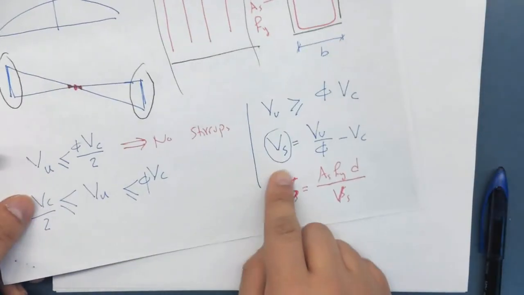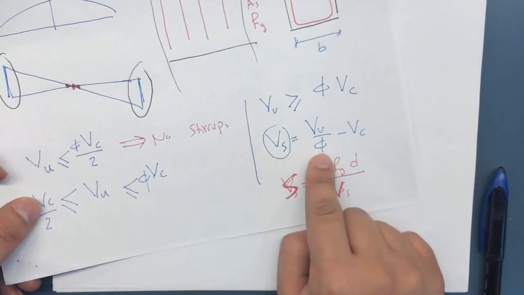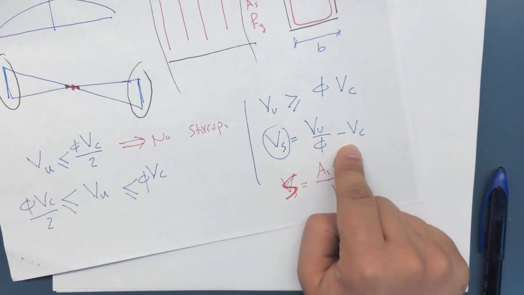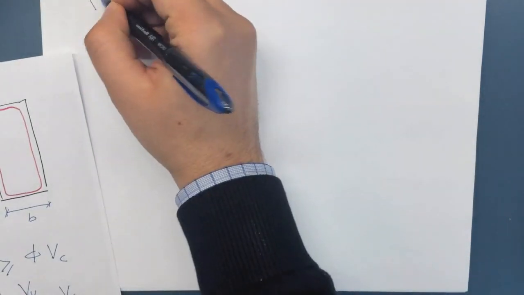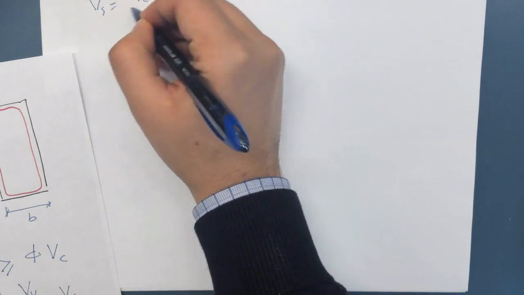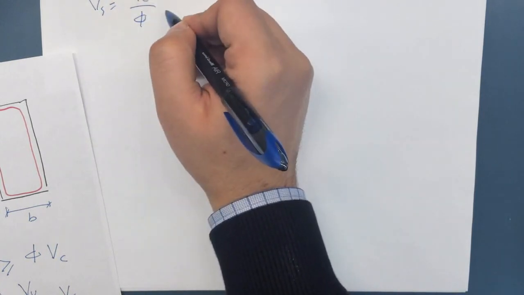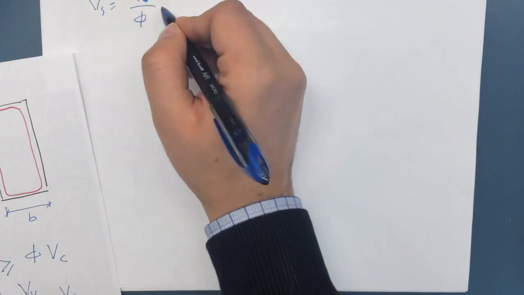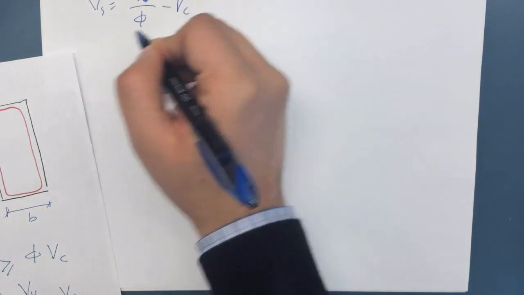here, yes. Vs, the amount that the shear reinforcement should carry, is simply the load minus how much the concrete is carrying. So Vs is equal to V ultimate divided by phi, which is 0.75, minus Vc.